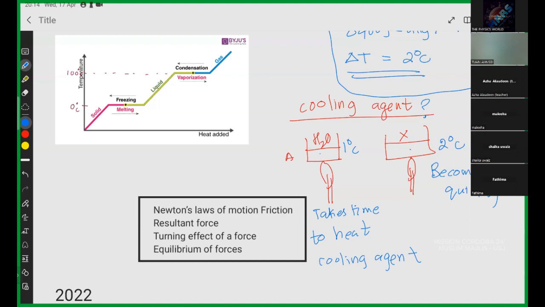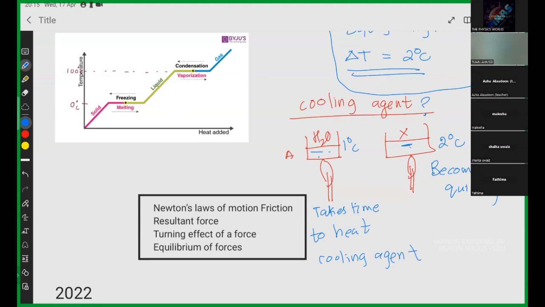Little amount only the temperature rise must be. So when you give the same heat for water and same heat for this X, X will heat very quickly. But water takes time to heat. It's getting heated very slowly. So that is why we say water is a good cooling agent.